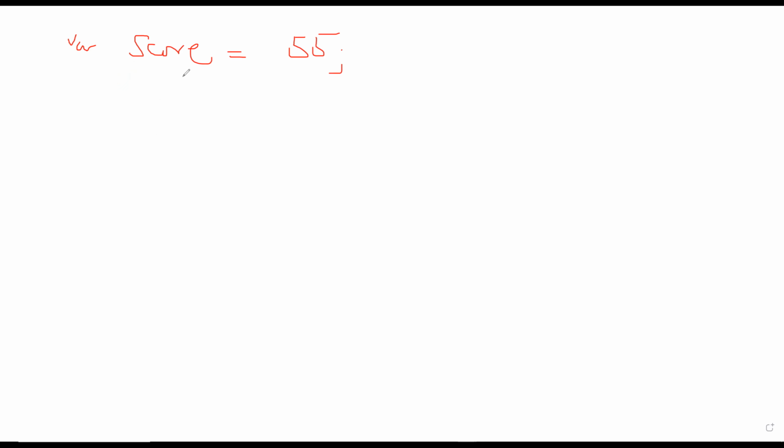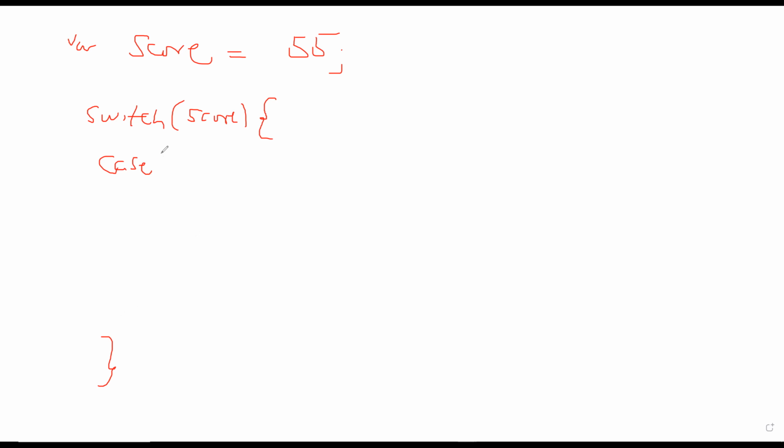On this variable, we now switch on it. Switch on that variable score. Then we open our code block. So instead of the if else if, we use case.